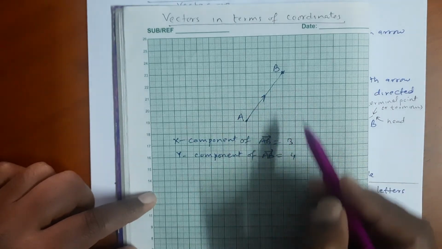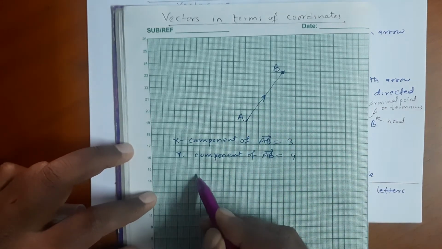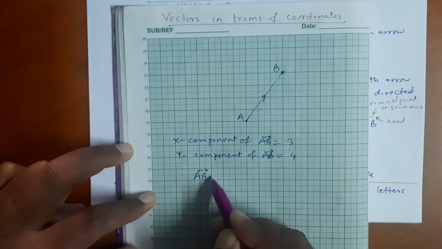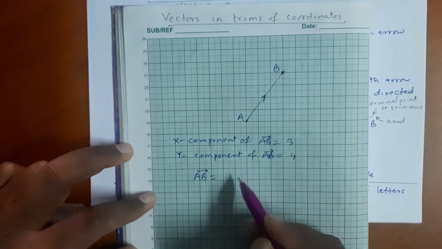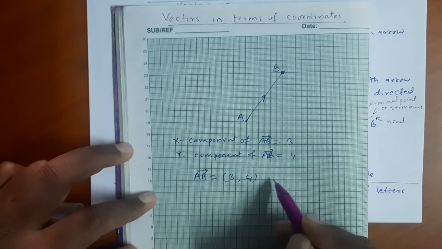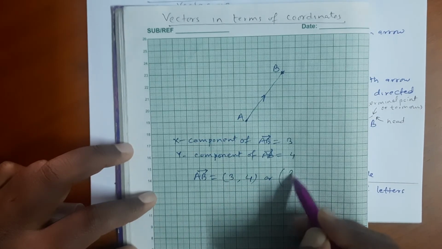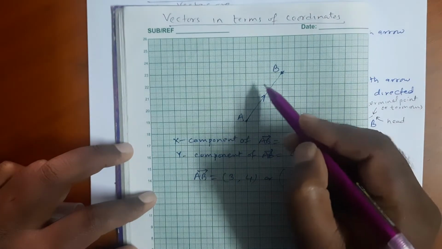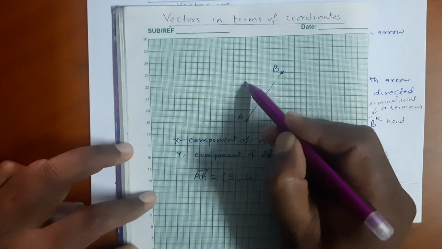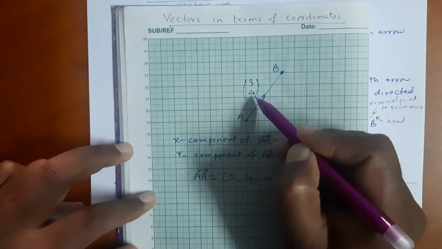So this vector AB is written in this way: AB equals, in the form of a column, 3 over 4, or we can also write it as (3, 4). So this vector AB is completely described by 3, 4.